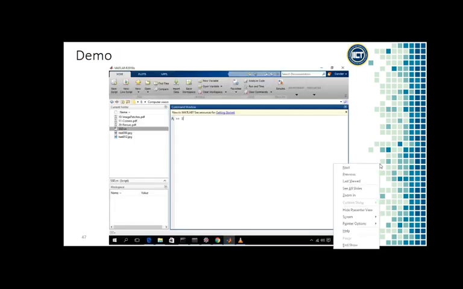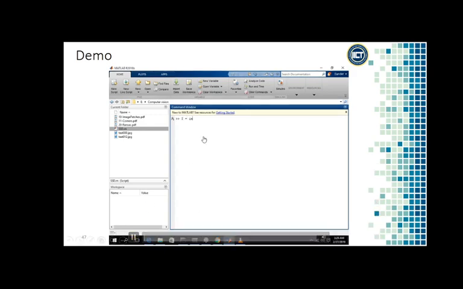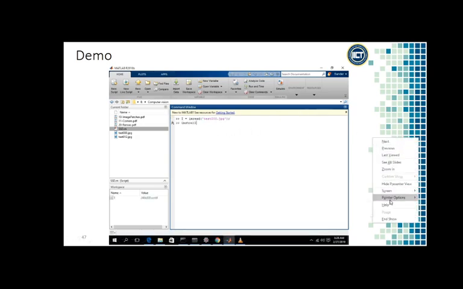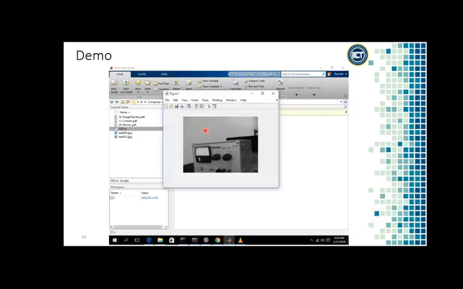So next is the command. Let's just read the image. Once we read the image, we can show the image here.